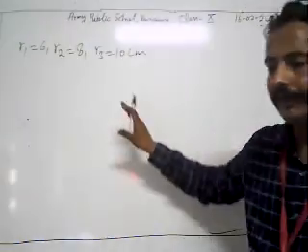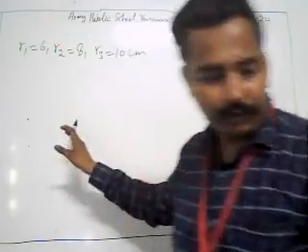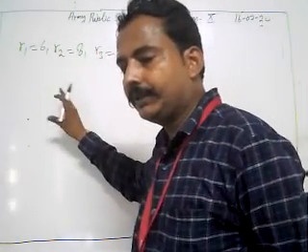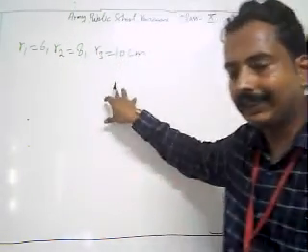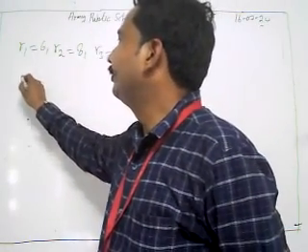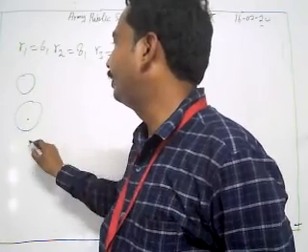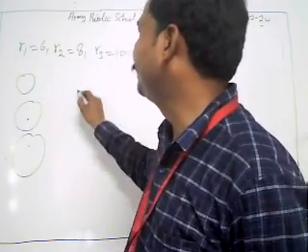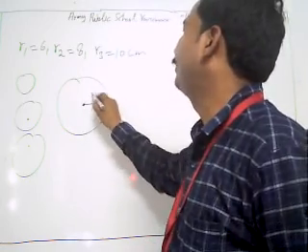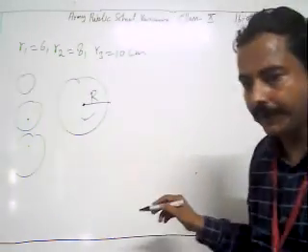Then it is given that these three spheres are melted into a single sphere, and after recasting we have to find the radius of the new sphere.